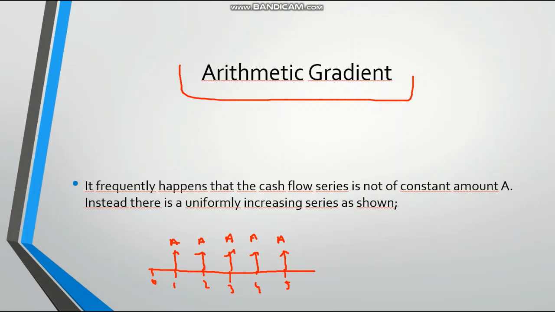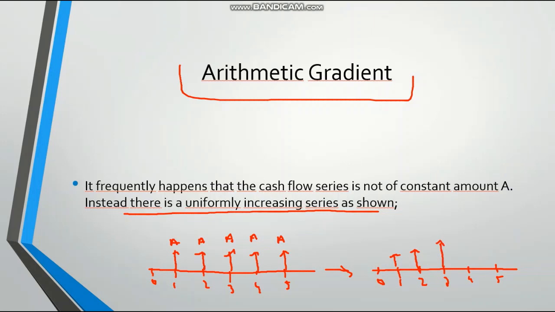Each term could be 100 or 120, 125. This is normal, but in arithmetic terms there is instead a uniformly increasing series. Let's show it: 0, 1, 2, 3, 4, and 5. The first year we have A. The second is A plus some increase, like $10.